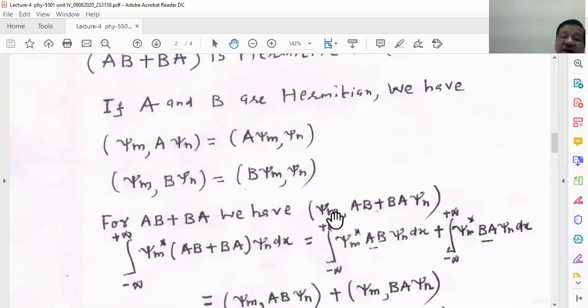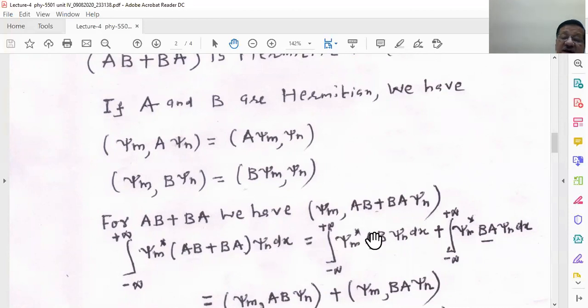So this integral equation is here. You have psi m star AB plus BA psi n. This is the integral form. Now in this integrand we have AB plus BA, so you can apply the distributive law and write psi m star AB psi n dx as the first term.